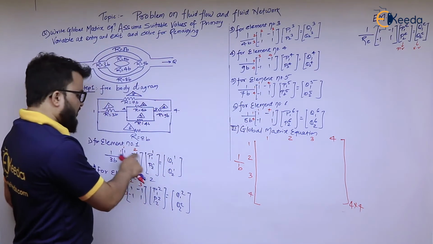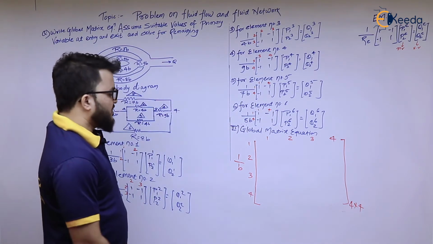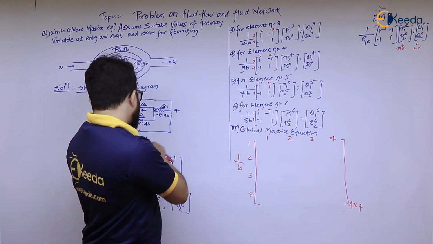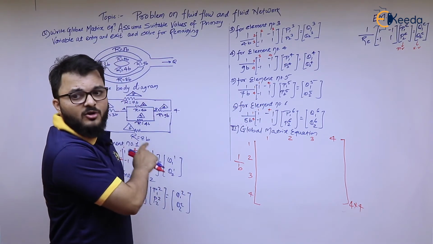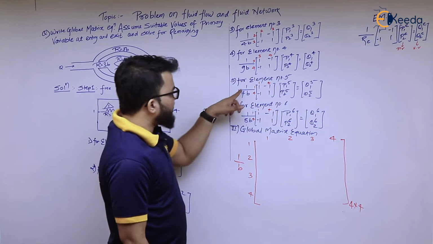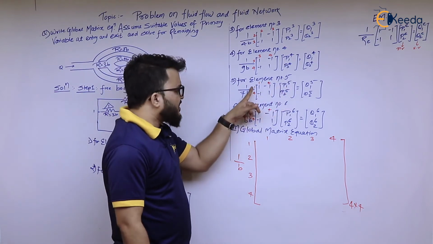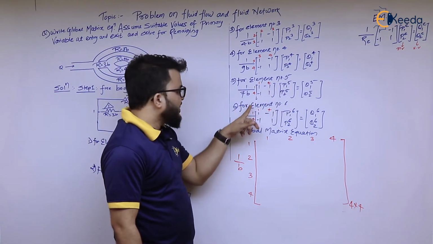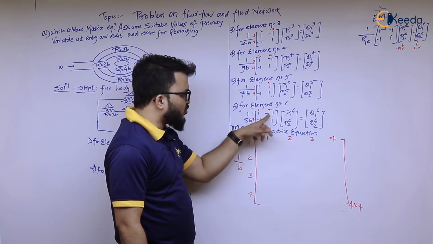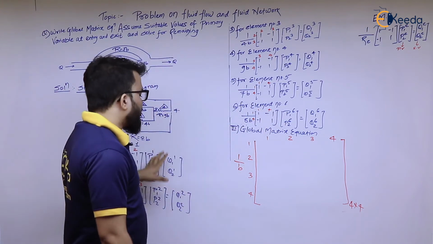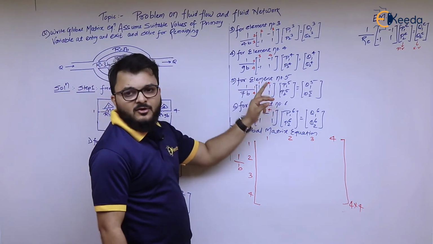This is row number 1, this is column number 1. I will search where row number 1 and column number 1 is available. In element number 5, I get row number 1 and column number 1, and in element number 6, I also get row number 1 and column number 1.